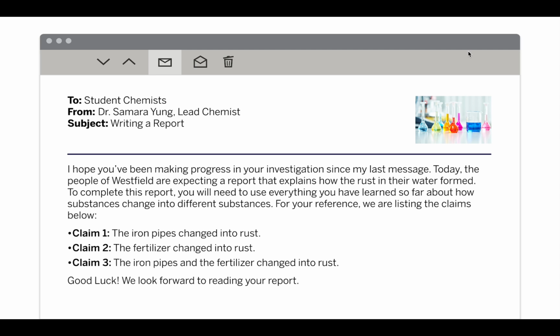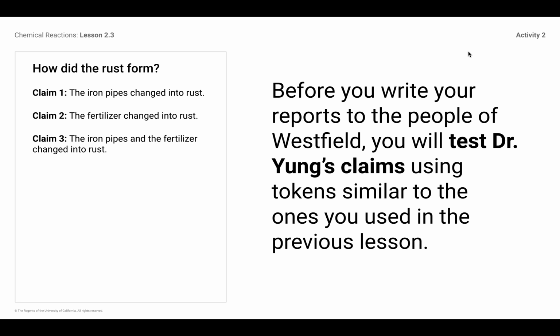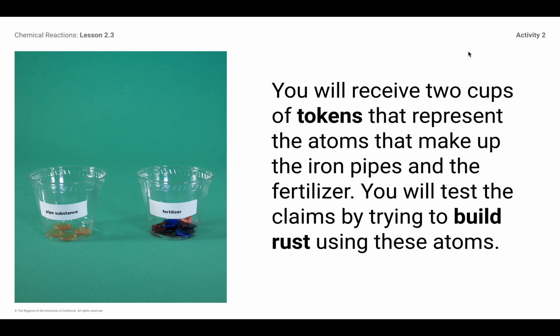All right, so let's go ahead and test these claims. Before we write the scientific argument, we're going to use tokens similar to the ones we used in yesterday's lesson. You should have at your desks the tray, and on the tray, you have the pipe substance and the fertilizer substance, the tokens that represent the atoms that make up the pipe substance and the fertilizer.